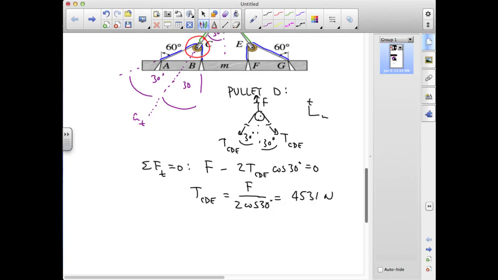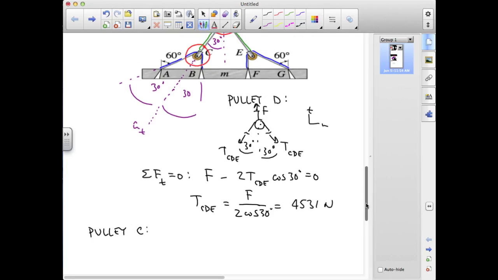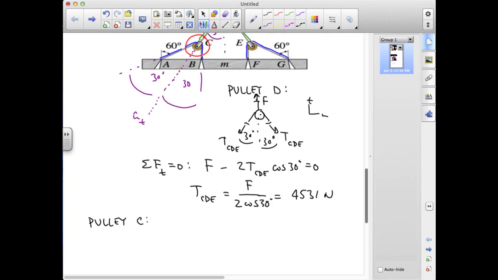Now, if I do the same thing for the pulley at C, I'm going to have essentially exactly the same free body diagram for the pulley at C that I do for the pulley at D. Instead of looking at it in the coordinate system or in the geometry of the original figure, I'll just reorient pulley C so that the cable coming off the shackle at C is now vertically oriented.